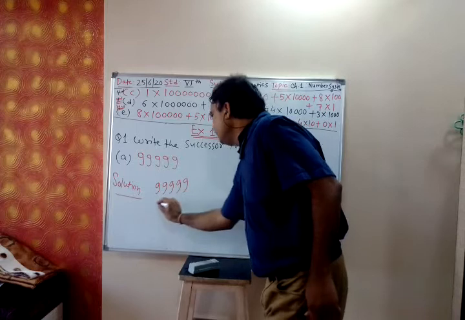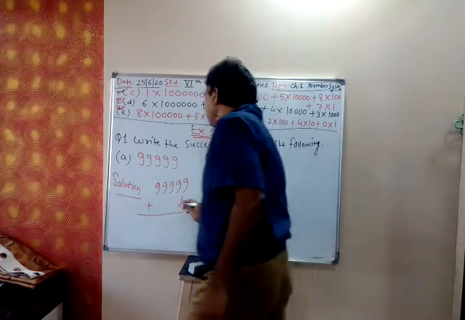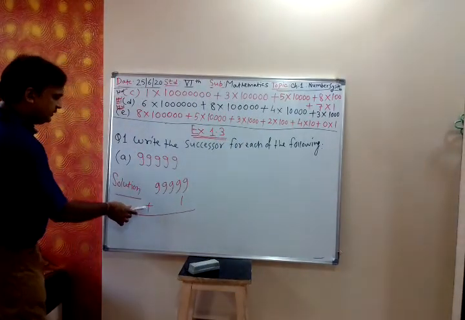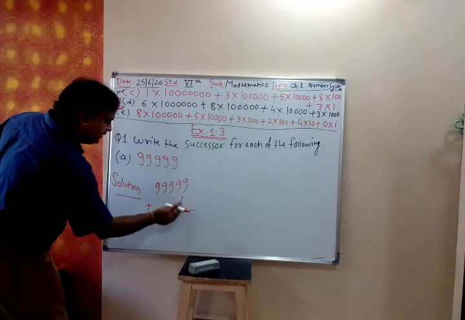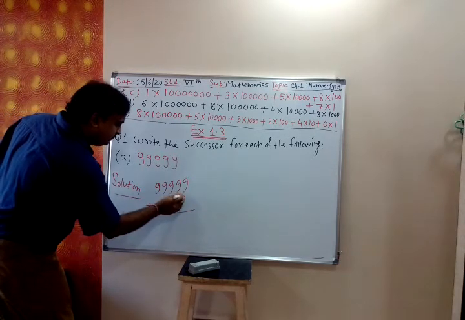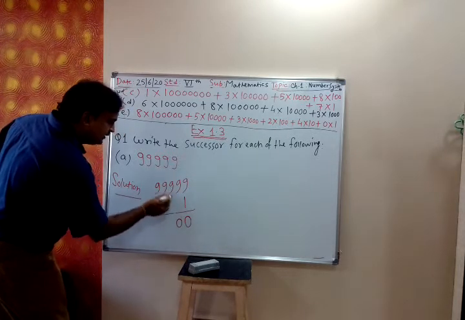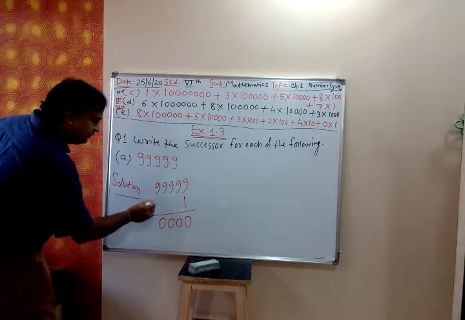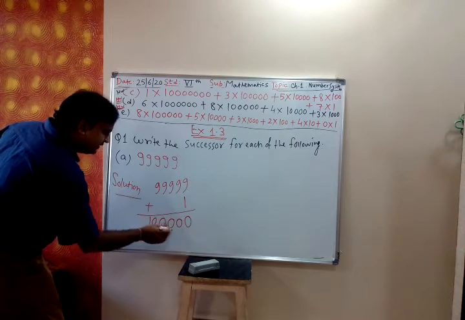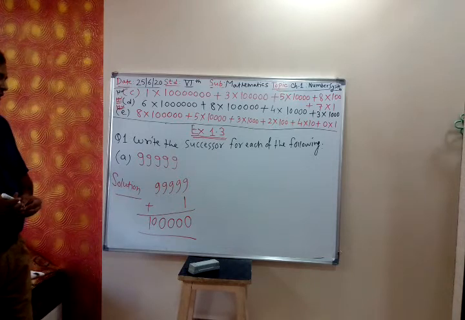For successor I will write plus 1. 9 plus 1 is 10, 9 plus 1 is 10, and so on. And this is the successor: the successor of 99,999 is 1 lakh.